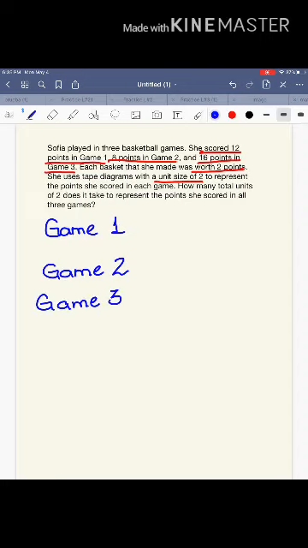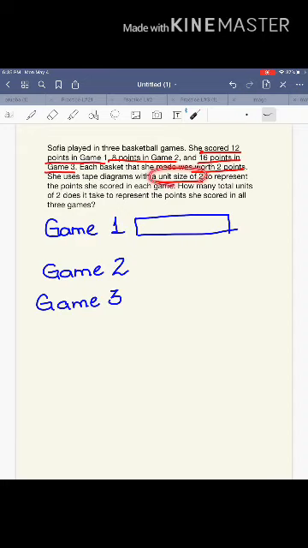Okay, let's start by drawing or using tape diagrams, which is a drawing. Okay, so for the first one, we have 12 points. I'm going to make a bar. Okay, and I'm going to place 12 points, but remember the unit size.